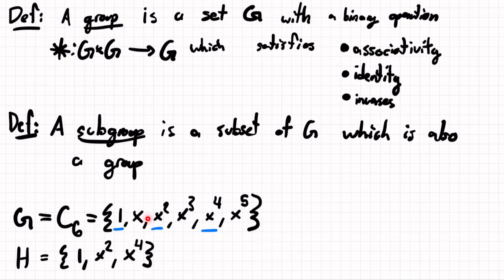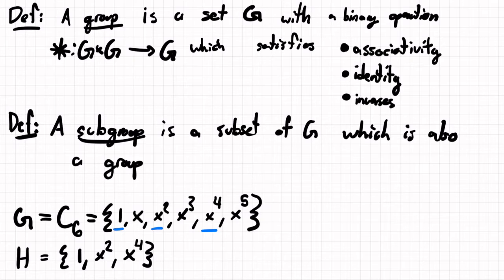So x squared is the inverse of x to the 4th, and vice versa. Each element has an inverse. So we have checked off the inverses axiom.